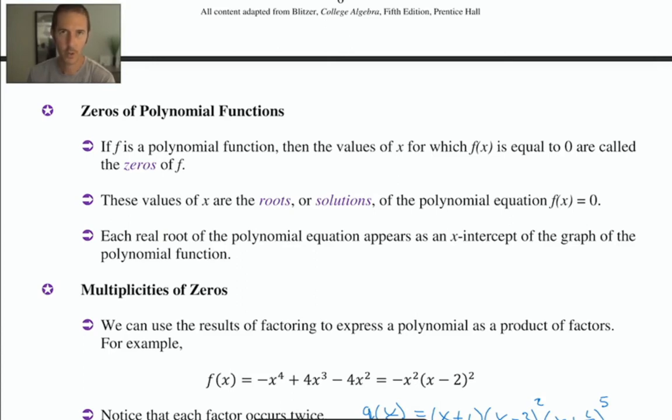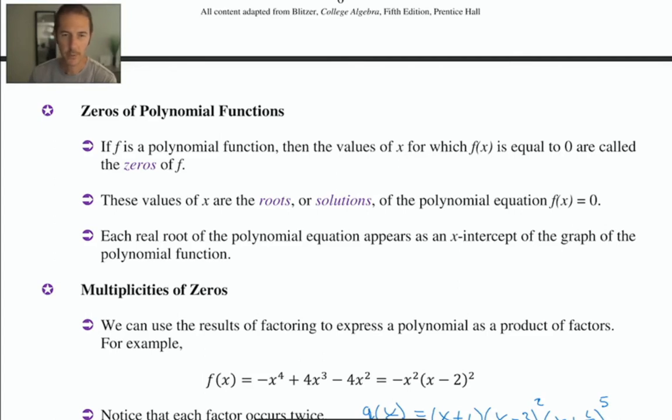What's a zero? A zero is an x value that when you plug it into your function returns a y value of 0. So could the number 5 be a 0 of a function? Absolutely. If f of 5 equals 0, then 5 is a 0 of that function.